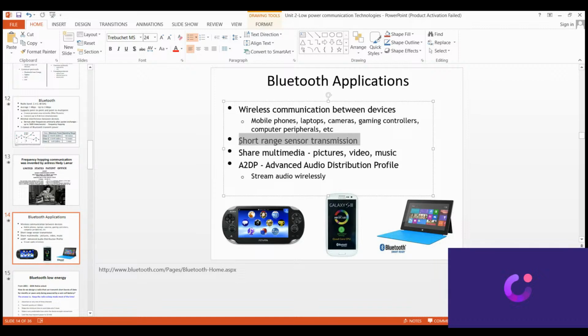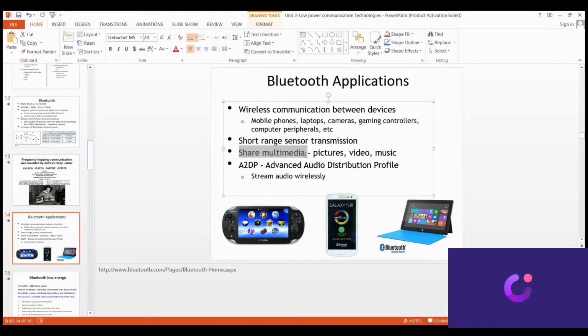Short range sensor transmission: you can use this to transmit information between sensors within proximity.